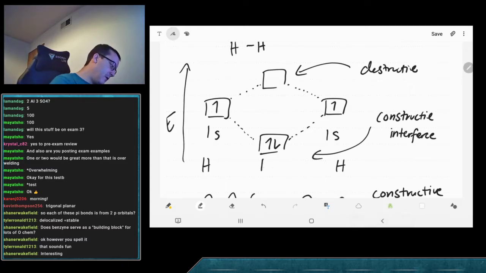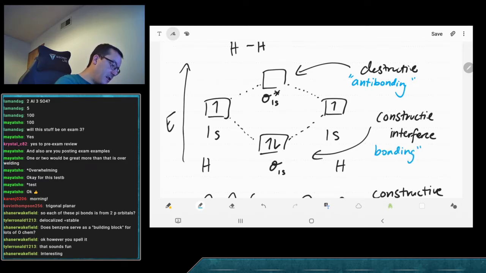And this one is called a sigma orbital. Hooray! Technically, this is called sigma 1s because it is a sigma bond formed from 1s orbitals. This one up here is called a sigma star 1s. This is going to be destructive, which we call anti-bonding. This one we call bonding.